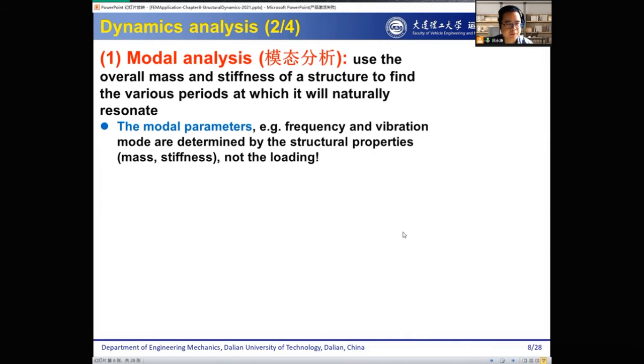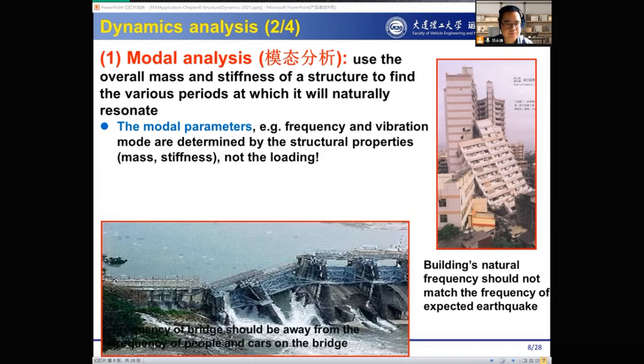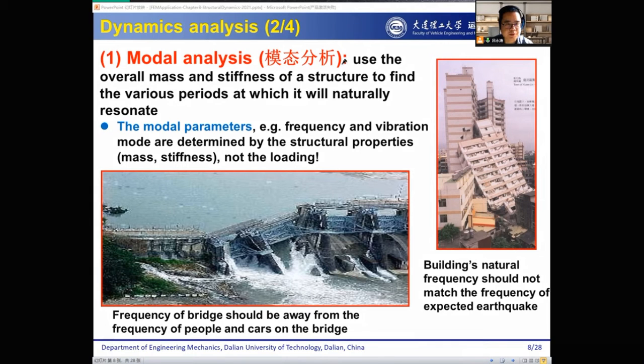So let's have a look at the modal analysis. What is the modal analysis? The modal analysis uses the overall mass and stiffness of the structure to find the various periods at which it will naturally resonate. So the aim of the modal analysis is to find the periods at which the structure will naturally resonate.